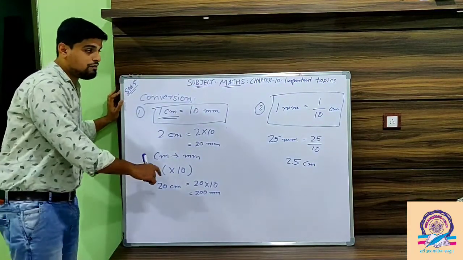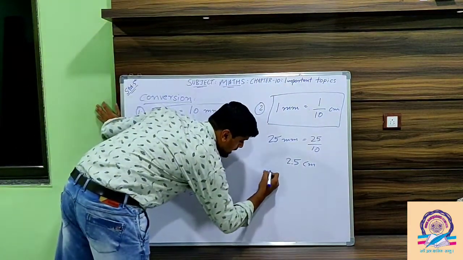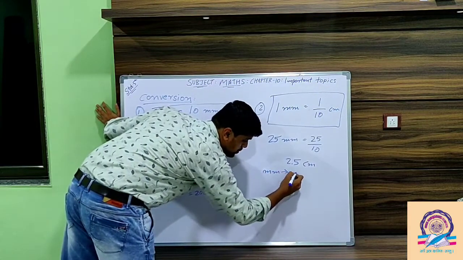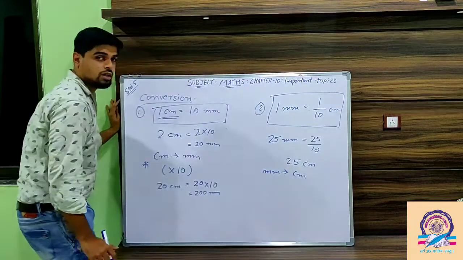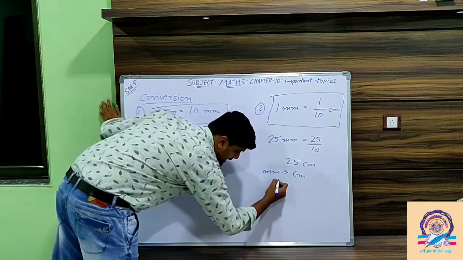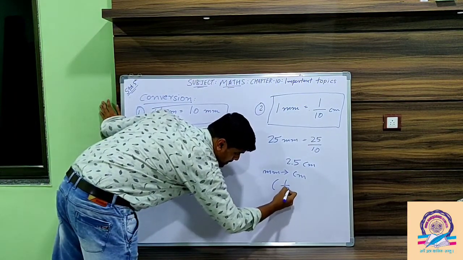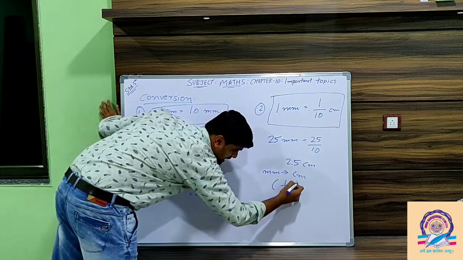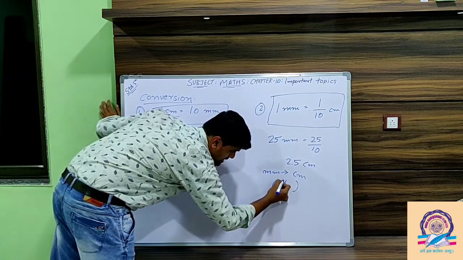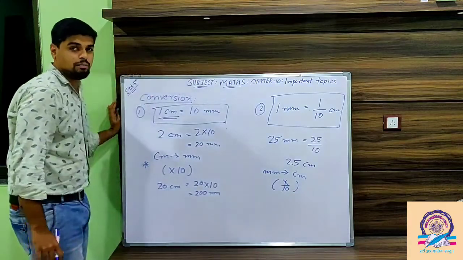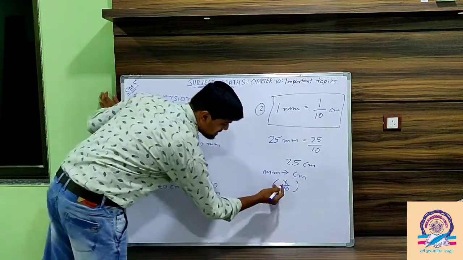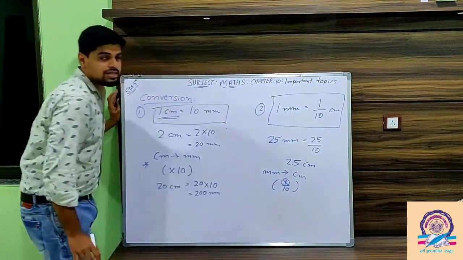So the formula for converting millimeter to centimeter will be: divide any given number by 10. Let x be our number; x is any number.